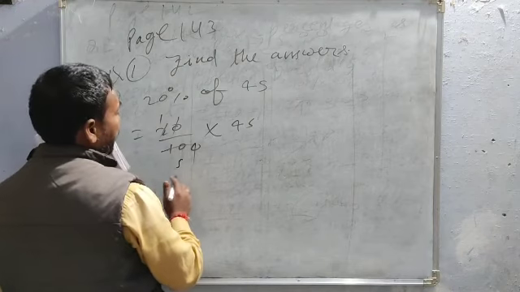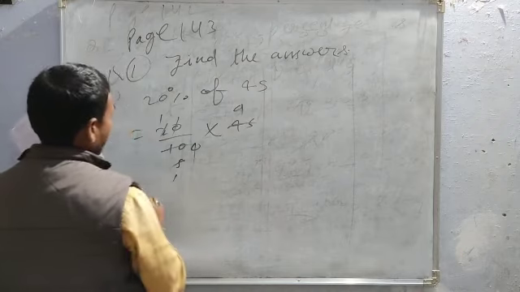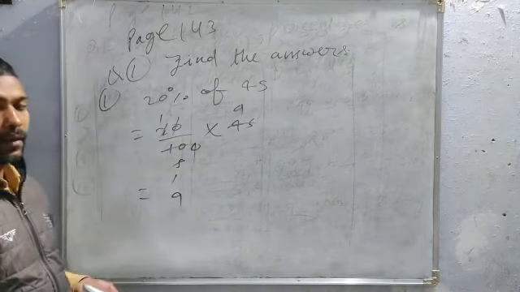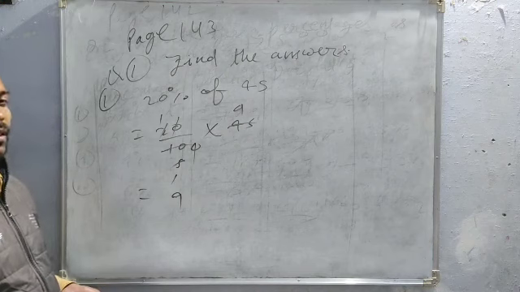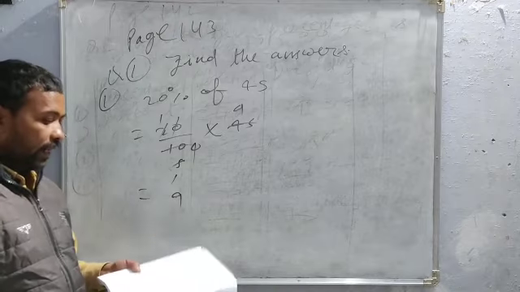Now 45 divided by 5: 5 ones are 5, and 5 nines are 45. That is 9. Right? 20% of 45 will be 9. Suppose anybody asks what 20% of 45 is, it becomes 9.